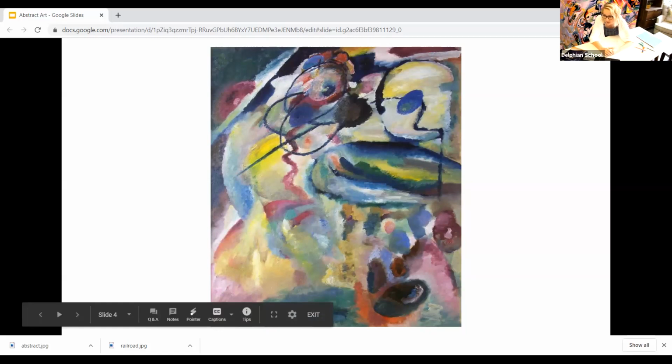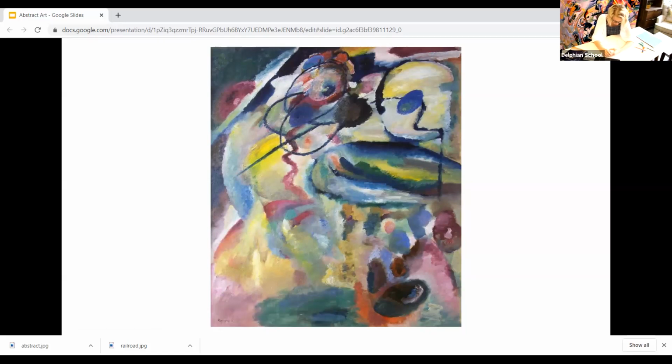This painting is called Picture of the Circle, and it's an interesting painting because it's painted by an artist named Wassily Kandinsky, and we're going to be talking a lot about him today.